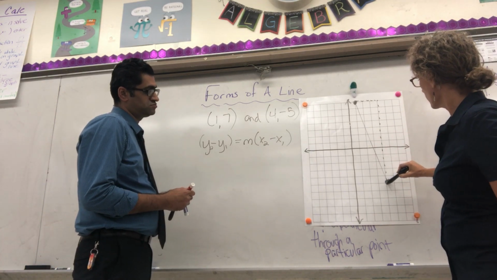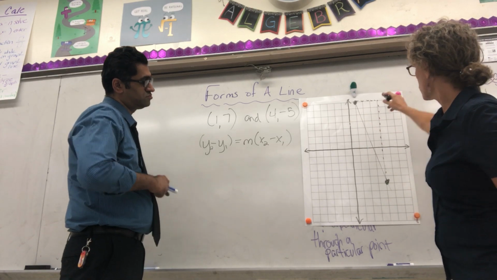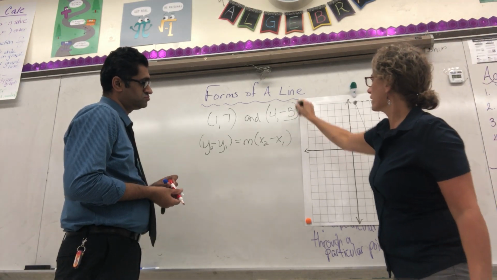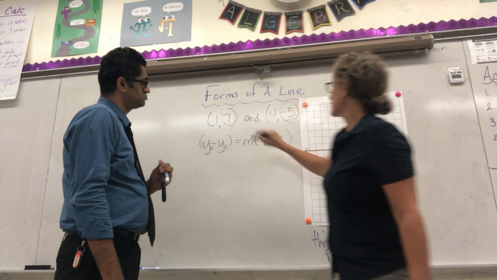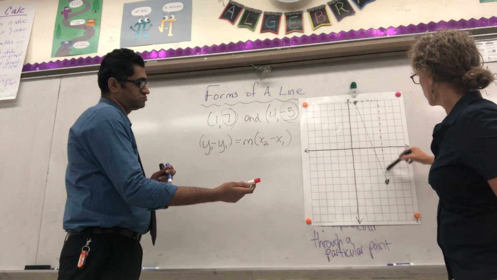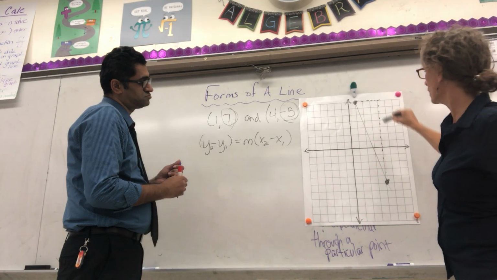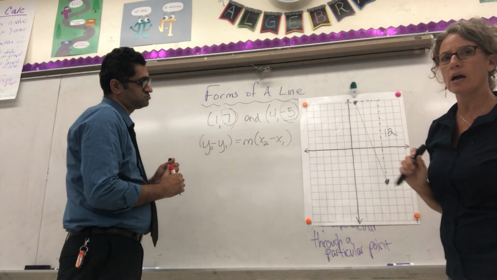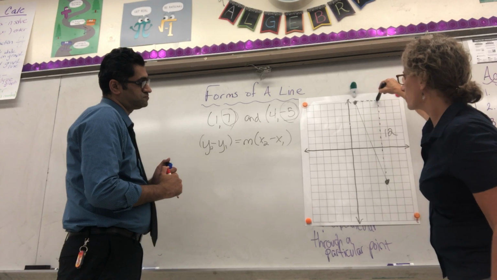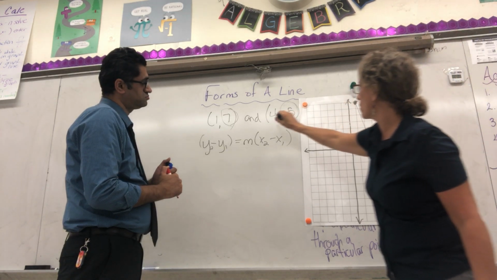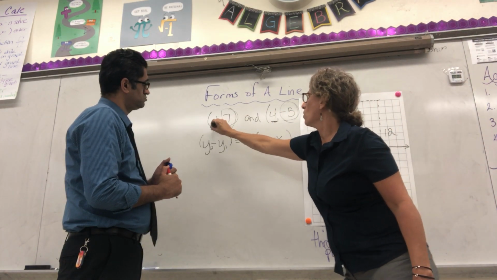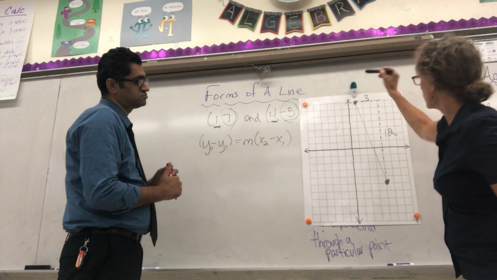Next, you want to count how many boxes up. So that's the change in the y. Well, if I'm going from -5 up to 7, that's a total of 5 boxes and another 7 up, making a total of 12 up. And from this x value 4 to this x value 1 is a difference of 3 over.